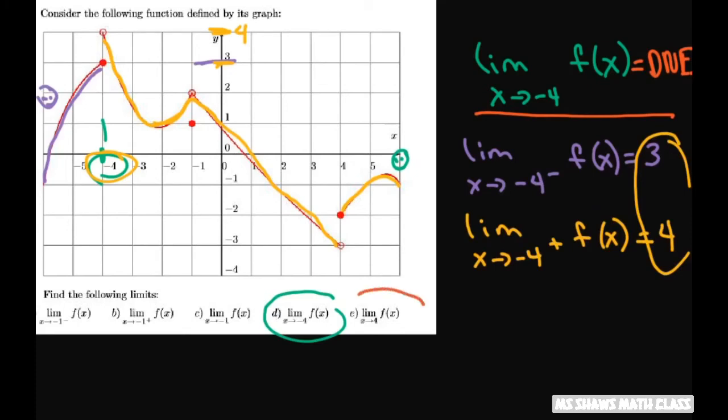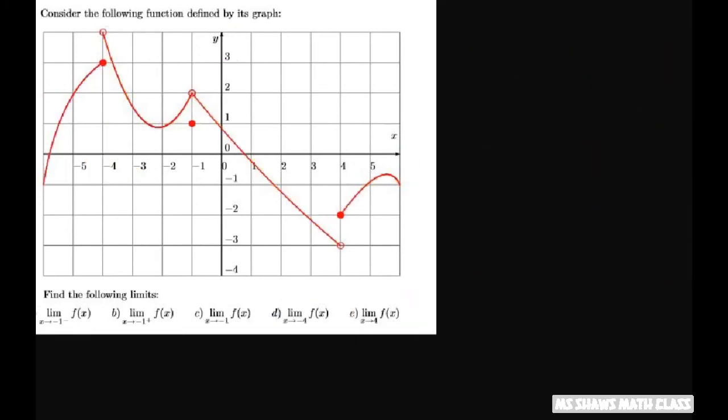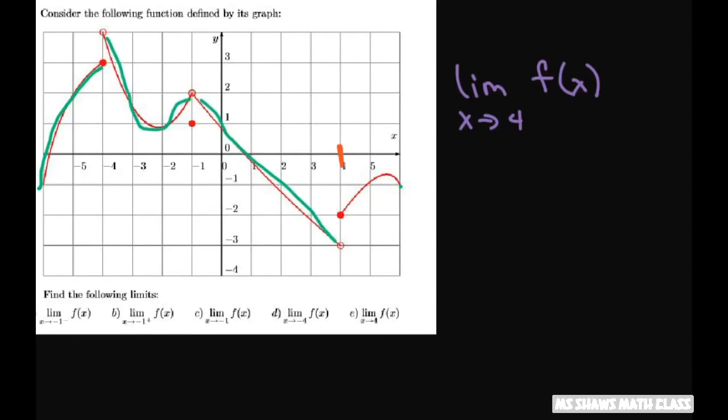All right, and on the last one, we're finding the limit as x approaches positive 4 of our graph f of x. So find 4. Here's 4. You can see what's going to happen as we approach from the left. If you approach from the left, jump up here, come around, come down to here, that's going to put us at negative 3 for our y value.